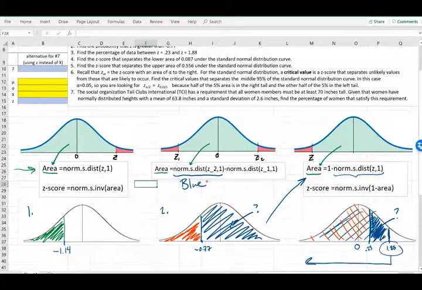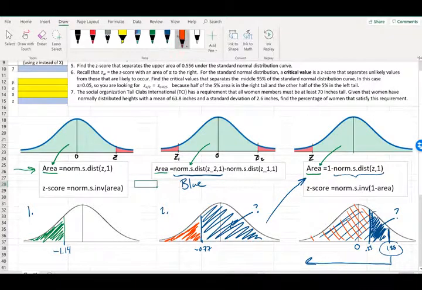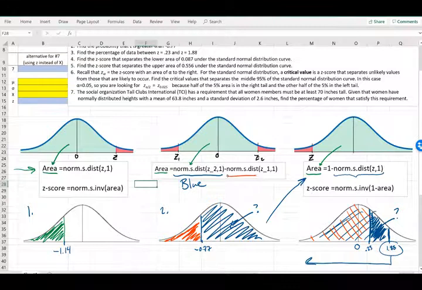And then we take away what we don't want, which is the red area. Okay? And that will give us the area between 0.23 and 1.88.